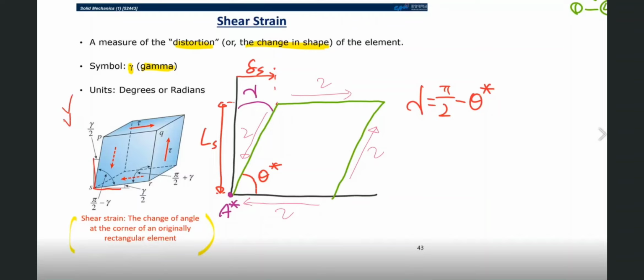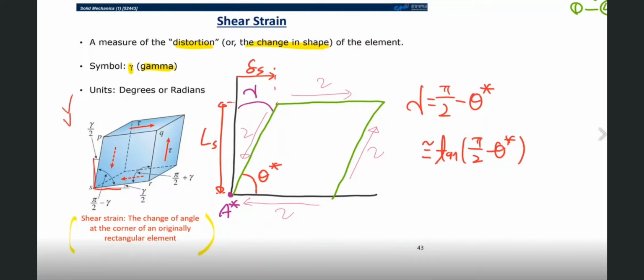And basically shear strain is very small, so we can use the small angle approximation. It should be tangent of pi over 2 minus theta star, using the very small angle approximation.